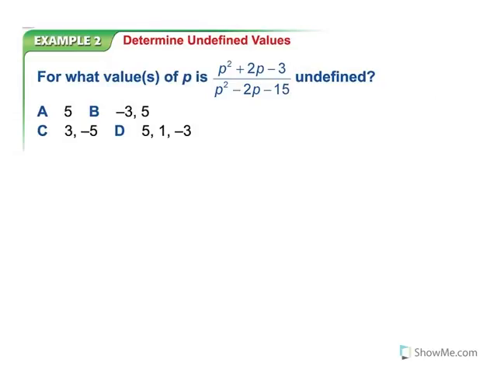Example 2. For what values of p is p squared plus 2p minus 3 divided by p squared minus 2p minus 15 undefined? Anytime you want to determine whether or not it's undefined, you have to take the bottom, set it equal to 0, and fully factor.